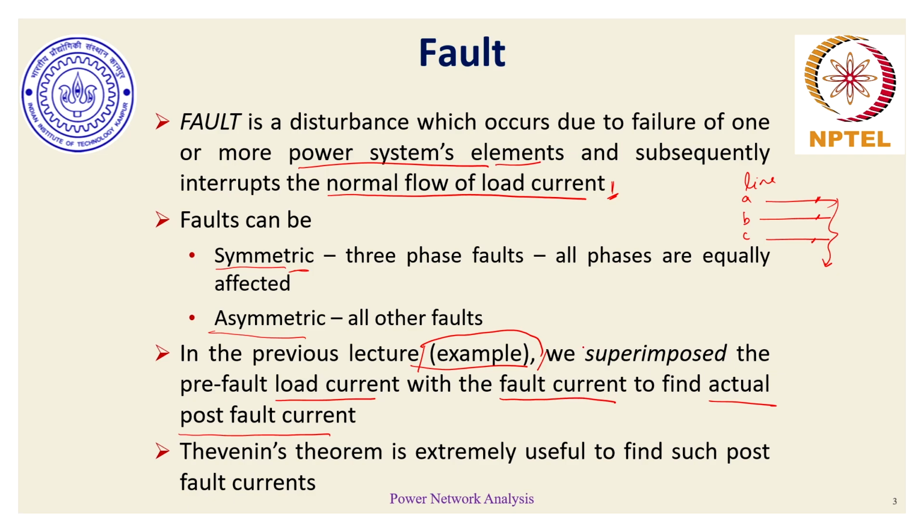So basically, we inherently made use of the superimposition notion, and we came up with the final fault current to be the addition of the current before the fault and the fault current as and when the fault occurs.